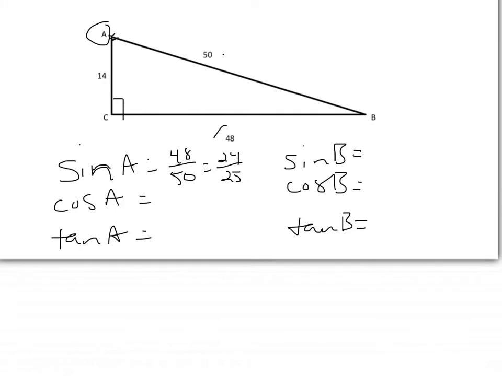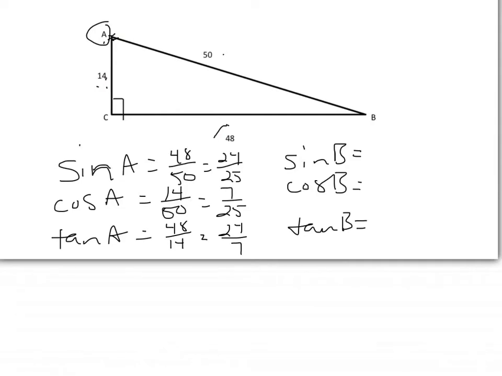Cosine is going to be adjacent over hypotenuse. The adjacent side, the side touching it, is 14. Hypotenuse is 50. So that'll be 7 over 25. And tangent of A is opposite over adjacent, which is going to mean 48 is opposite, 14 is adjacent. So 48 over 14, which is 24 over 7.